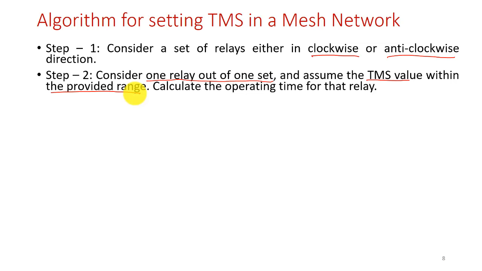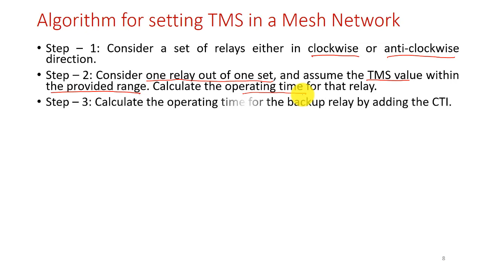We can choose any value in that range. Then we calculate the operating time for that relay, using the standard equation given in the IEEE or IEC standard, whichever relay is connected, to find the operating time for that particular relay.